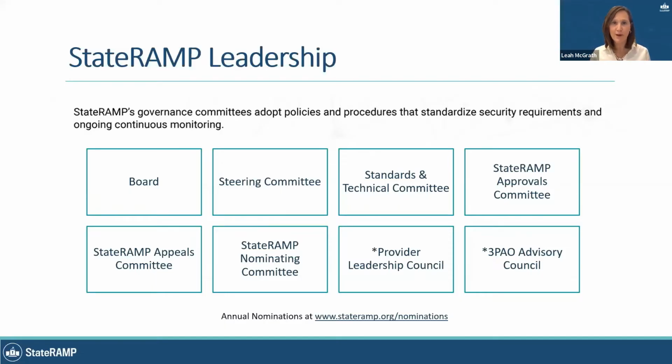There is no prerequisite or requirement that a provider have a product in use in a government or have contracts with government. What we're trying to do is really grow that pool of qualified security and qualified providers who are able to serve. So the approvals committee plays a really critical role in that process and growing the number of providers who reach authorization for their products.